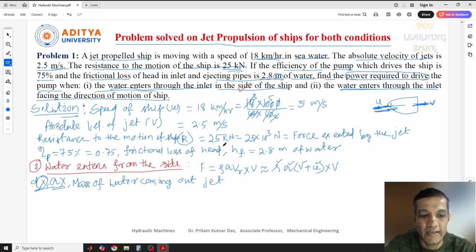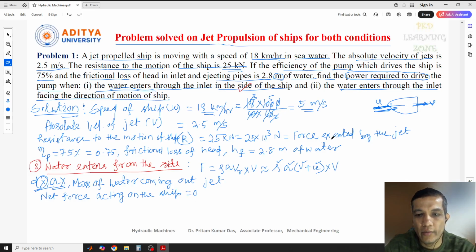I have already written it here. The ship is moving, and we have already calculated 5 meters per second. In one more terminology, the net force acting on the ship will be equal to 0.